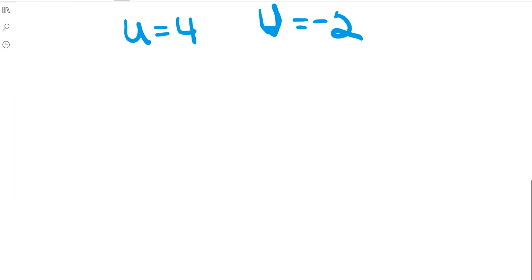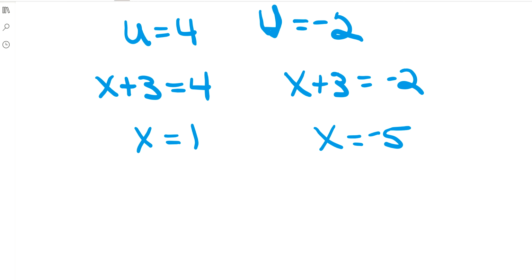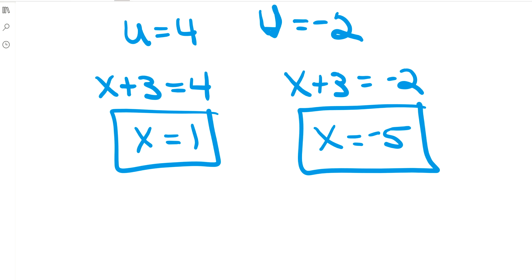So u equals x plus 3, and that equals 4. After I subtract 3 from both sides, I've got x equals 1. Same with the second answer: x plus 3 equals negative 2. When I subtract 3 from both sides, I have x equals negative 5. These are the solutions I'm looking for in terms of x, not of u.